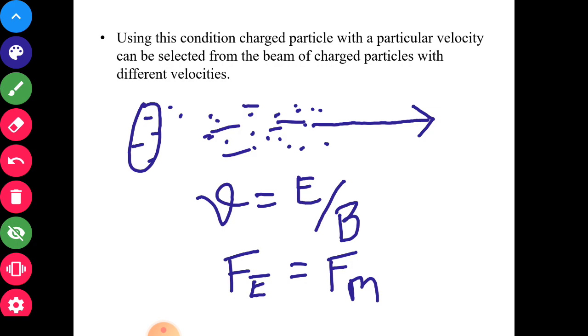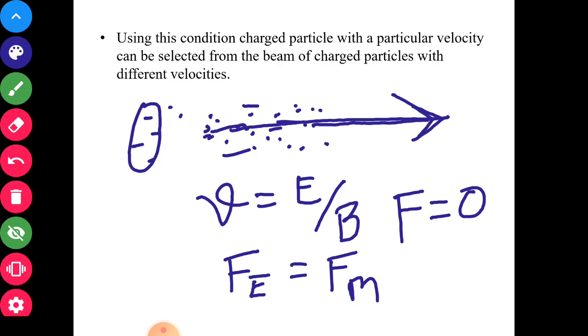Or we can say you have produced the electric field and magnetic field in such a way that the resultant force becomes 0. So when the resultant force becomes 0, what happens to those charged particles? They will move in this particular direction without any deflection.